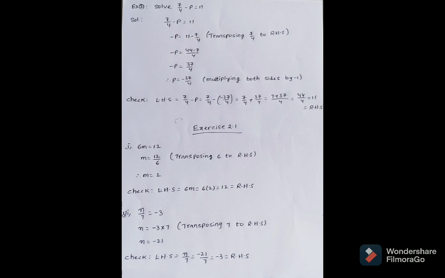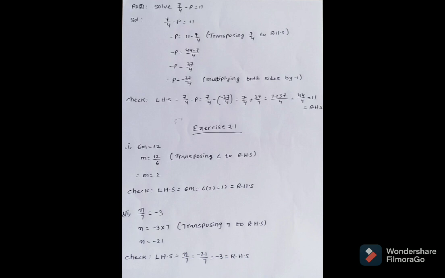We substitute the p value in this expression. 7 by 4 minus into minus, plus 37 by 4. Here observe, in these two fractions 4 is common. These are like fractions.